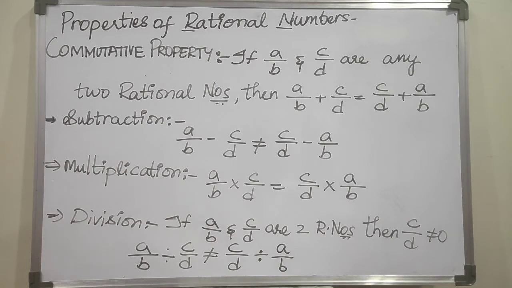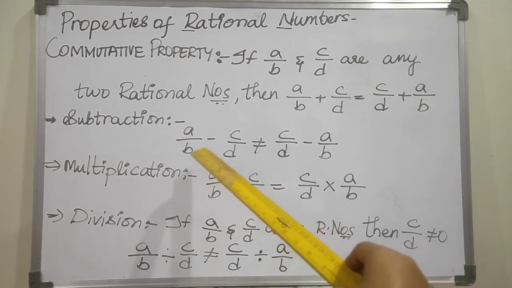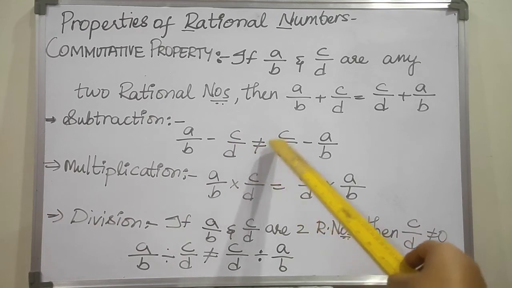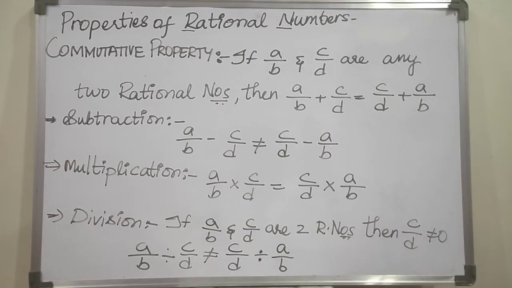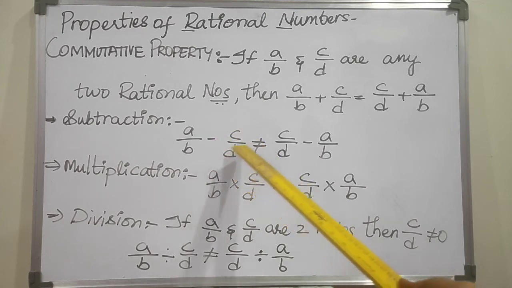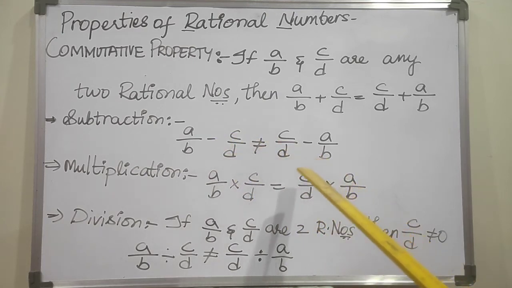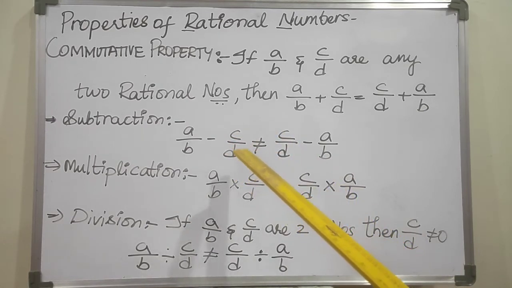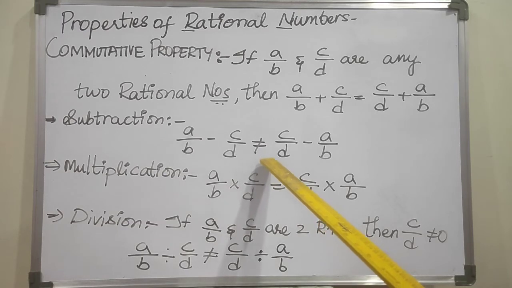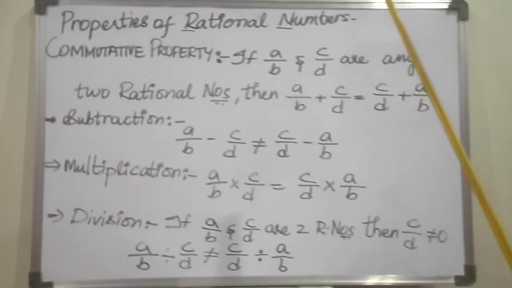You can see a by b minus c by d is not equal to c by d minus a by b. That means the rational numbers are not commutative under subtraction. The result is not the same, so the subtraction operation doesn't accept the commutative property.